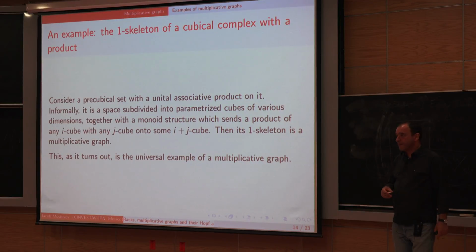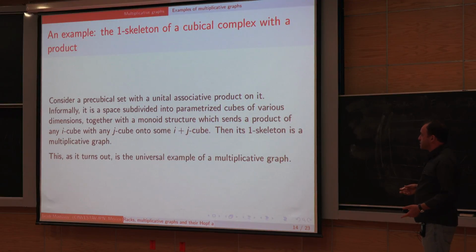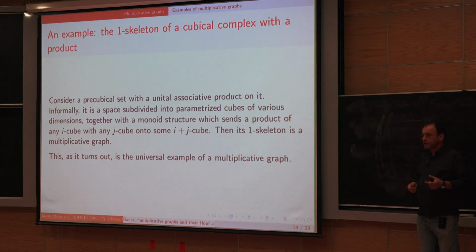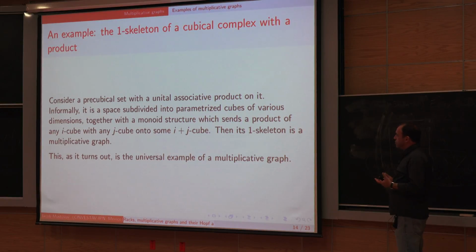For simplicial sets and for cubical sets, these degenerations are necessary for defining correctly the product, right? We want the product of two cubes of the same dimension to be again a cube of this dimension. But precubical sets don't have degenerations, so the only product that you have is that an I-dimensional cube by a J-dimensional cube is an I plus J-dimensional cube.